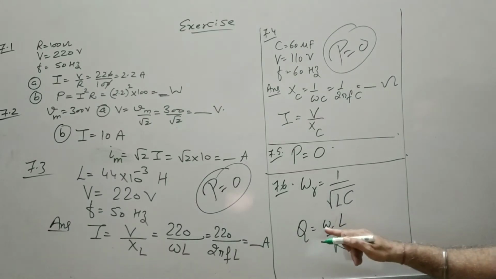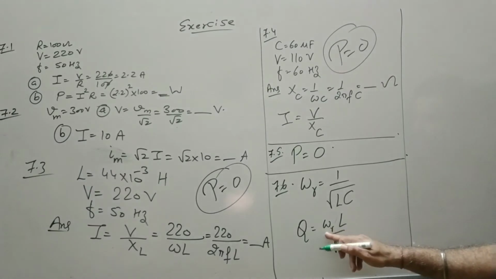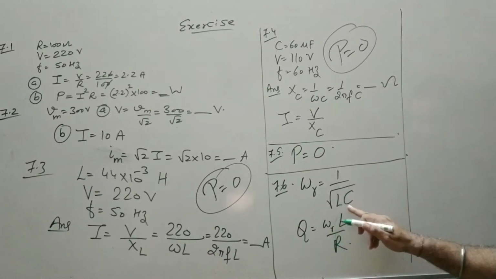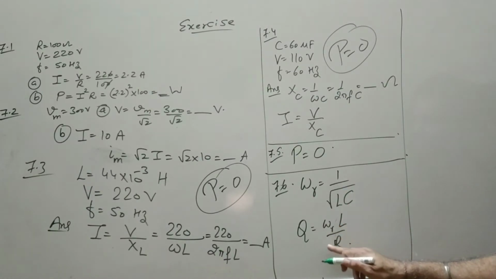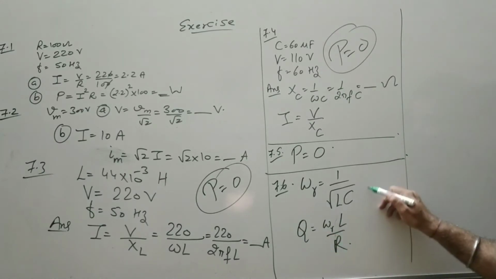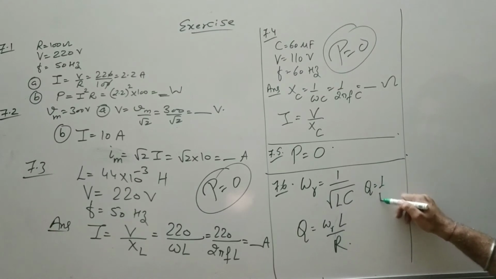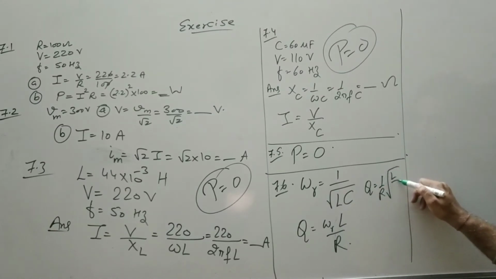Also if you want to replace this value in the place of omega R, I can write 1 upon under root LC. So Q can also be written as 1 upon R under root L by C. So this we have discussed in our theory.